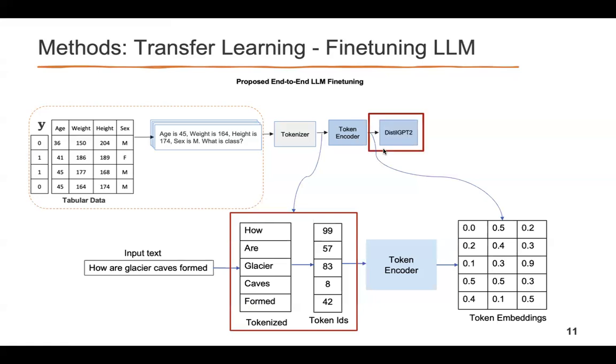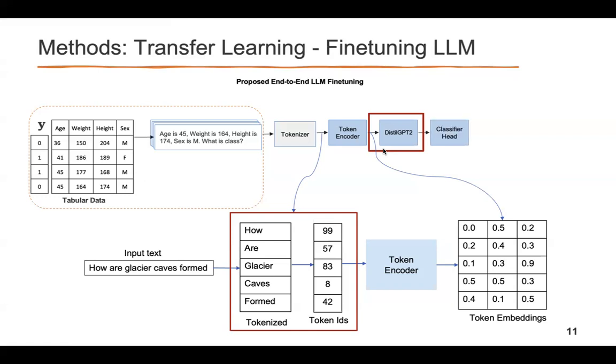These token embeddings are then fed to the GPT model, which is pre-trained as a language model. We transfer the knowledge of the language model by fine-tuning based on the token embeddings that we got from the tabular data.